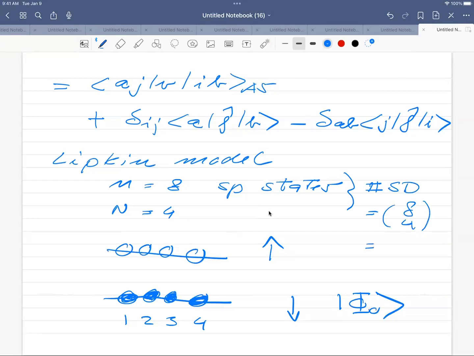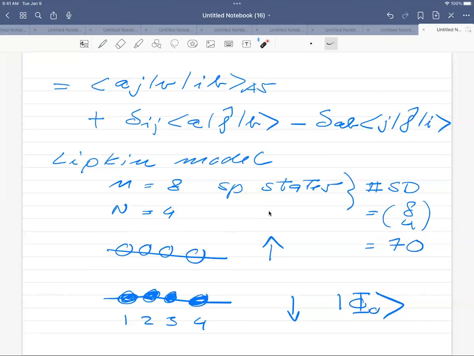When you do the combinatorics, this gives us 70 possible Slater determinants. In our case, we have 4 particles, so we can make at most 4 particle, 4 hole excitations. And since the number of single particle states is limited to 8, you have only 70 states which you can make.